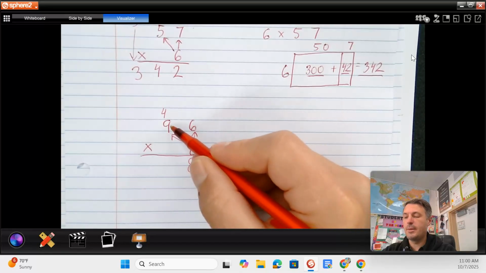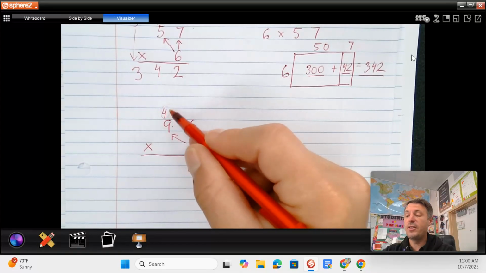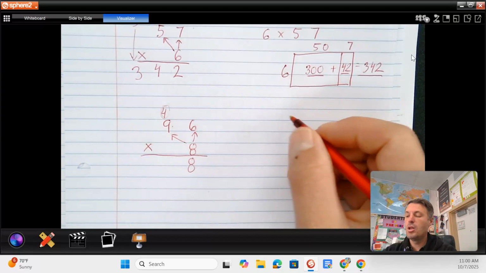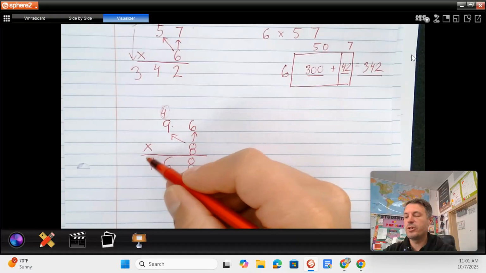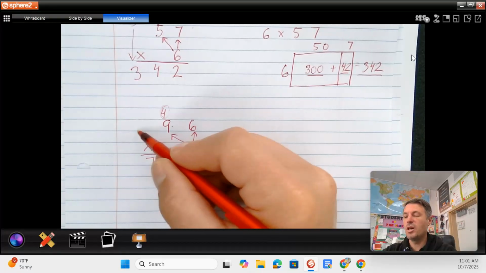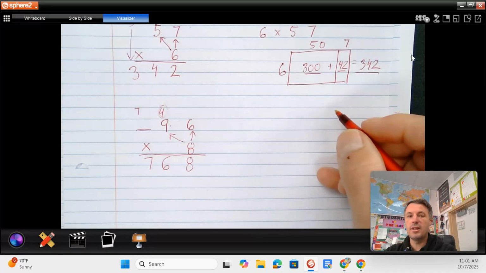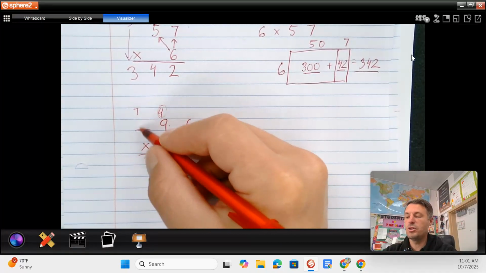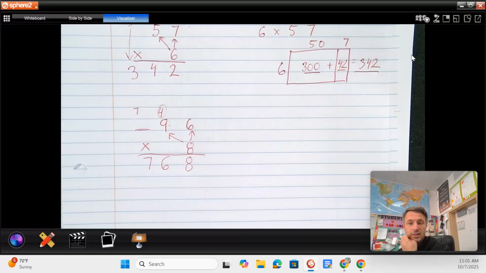Then we do 8 times 9, that's 72, and we have to add this 4 to the 72, so we get 76. And again, the 7 goes here in the hundreds place because there is no hundreds place up here. So if we were to carry the 7 there, there's nothing to add it to, so it would just fall right down here. So that's the answer, 768.